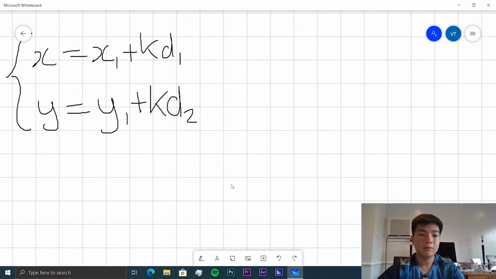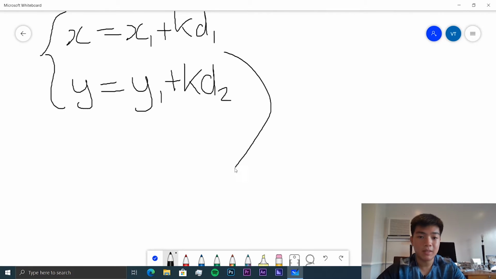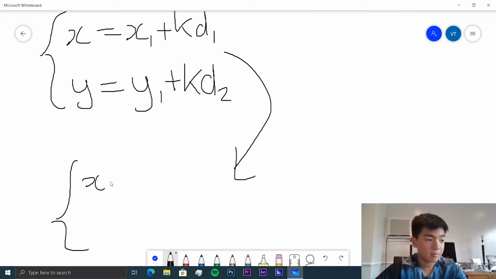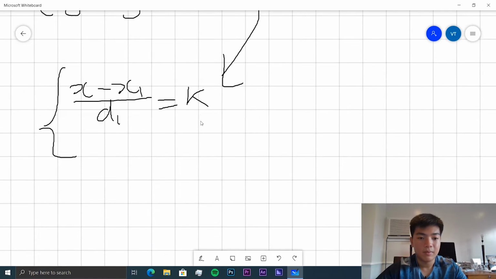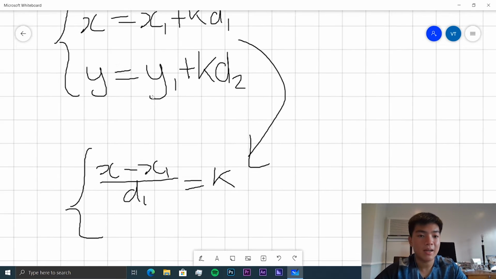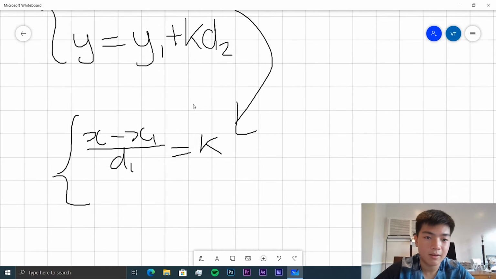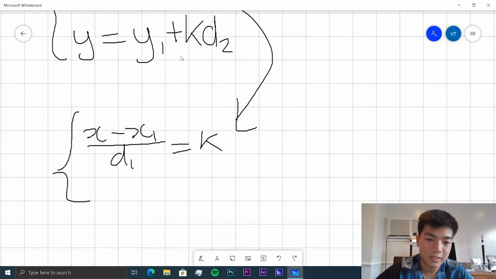And finally, from this, we have the Cartesian form, where we eliminate k. So we have (x minus x1) over d1 is equal to k. But this is also equal to (y minus y1) over d2.